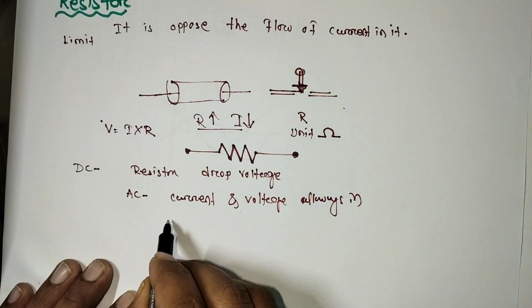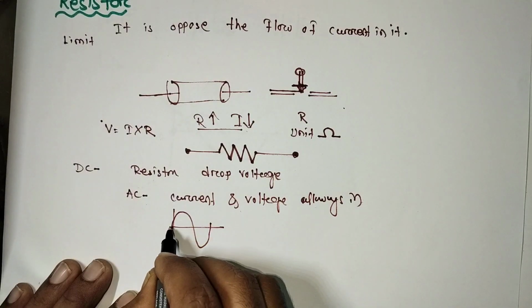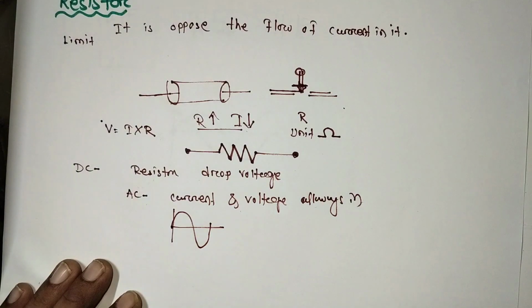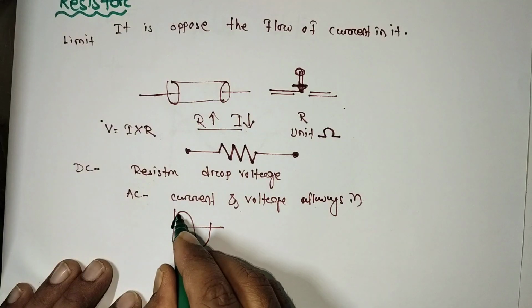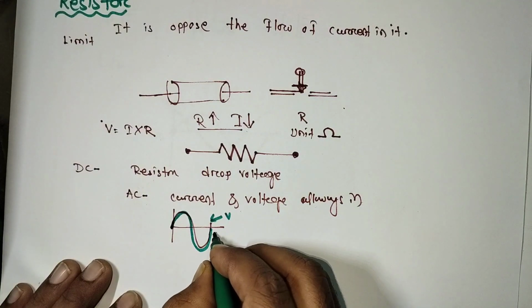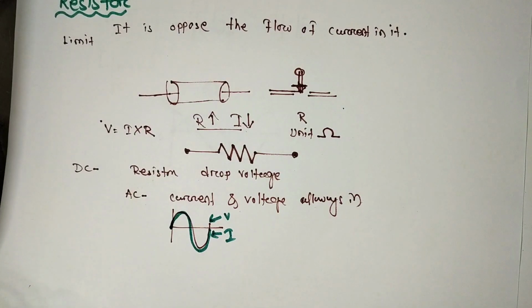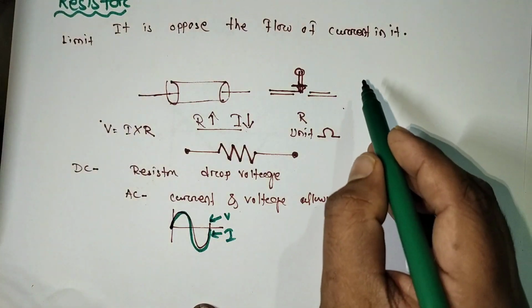Suppose this is AC and the voltage waveform is like this. If we draw it across the resistor, the current also follows the same. If this is the voltage, this is the current, always in phase.